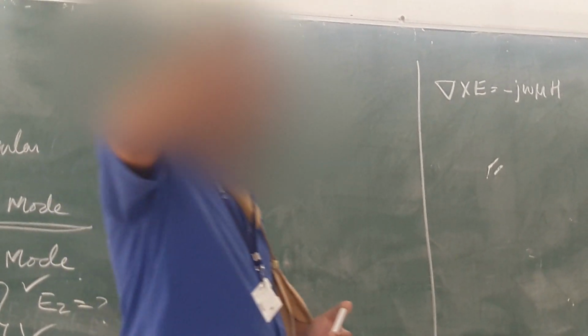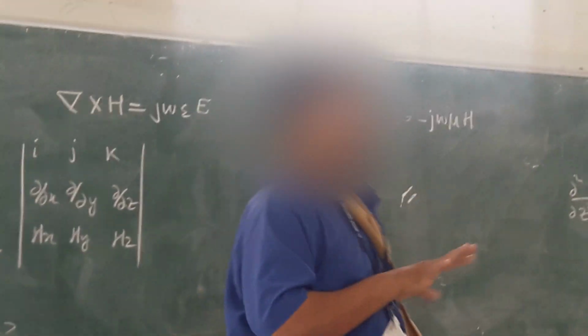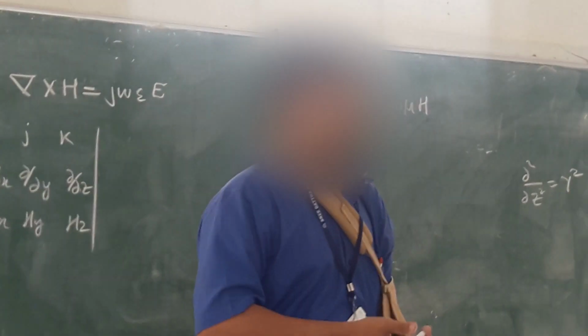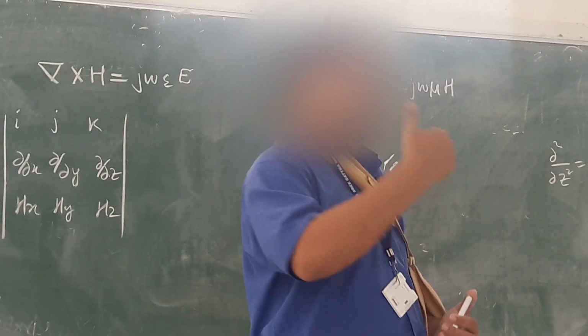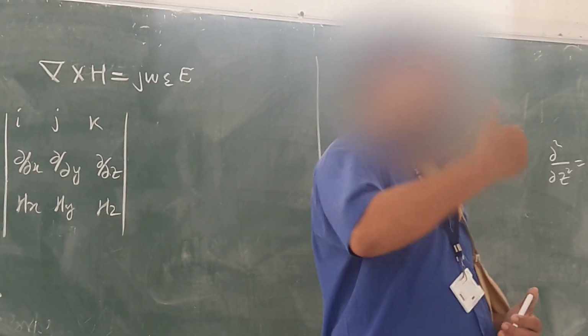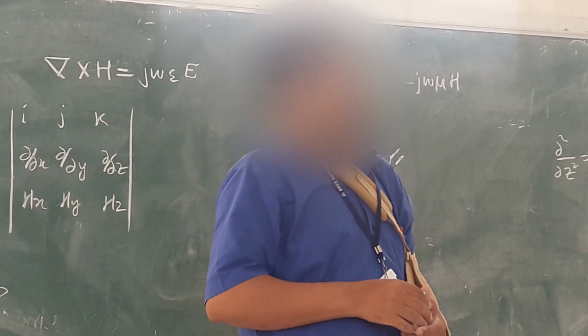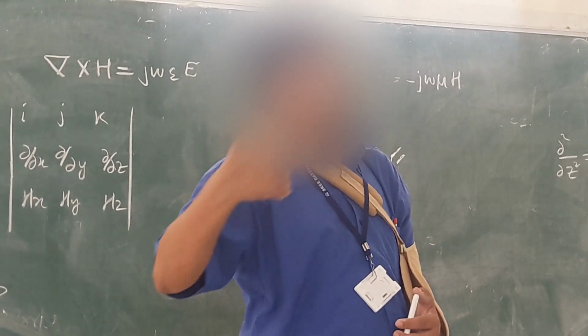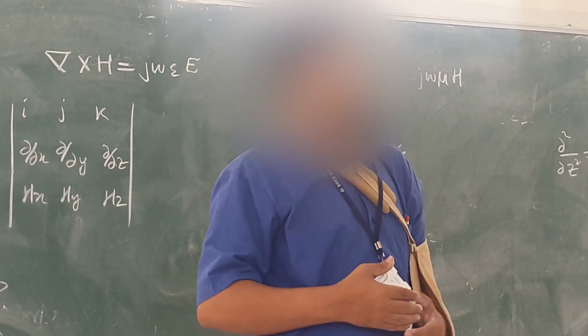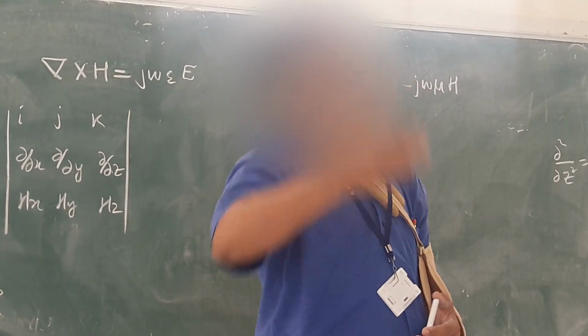From his side there was no contribution, he just integrated it. Those four equations which he has integrated are called your Maxwell equations. But if we are going for the equations individually, those equations are derived by some other physicists.